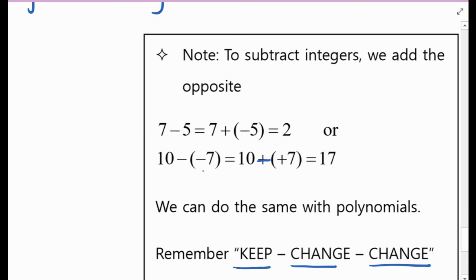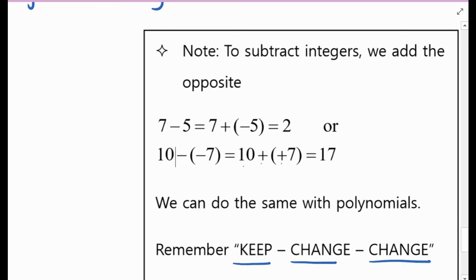So keep, change. So it becomes 5 plus 7, which is 12. This one, keep the first number. The sign of this number is plus, right? It's plus 7. Change the middle and change the sign of the second number, negative 5. 7 plus negative 5 is 2. Okay, everyone? So keep, change method for subtraction.